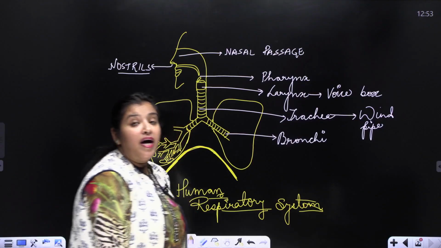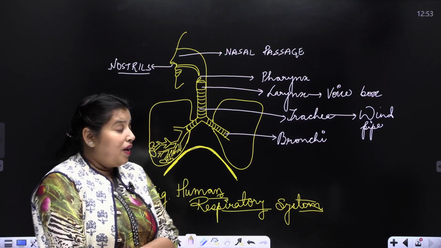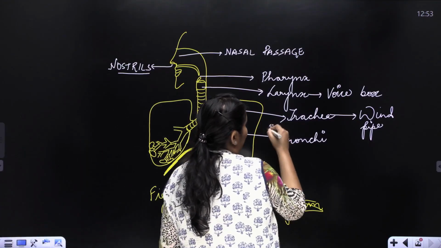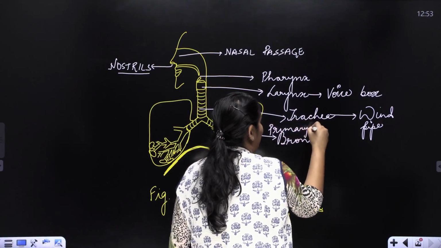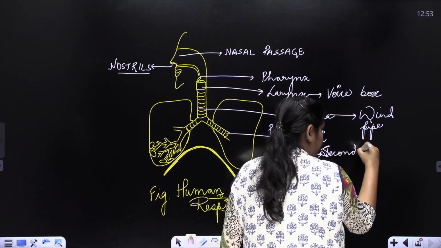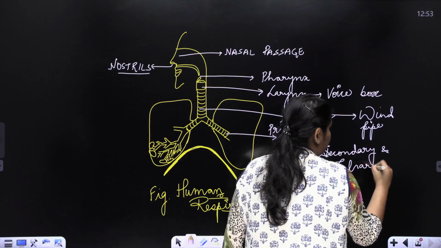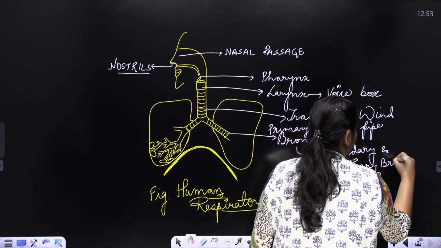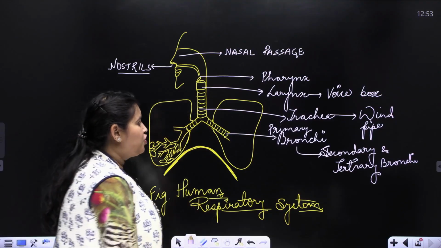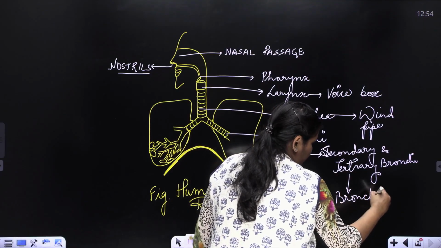So we have a left bronchus and a right bronchus, and the bronchus enters the lung of its own side, where it divides and redivides a number of times. This is the primary bronchus. This primary bronchus divides a number of times to form secondary and tertiary bronchi, which further divide into finer tubes called bronchioles.